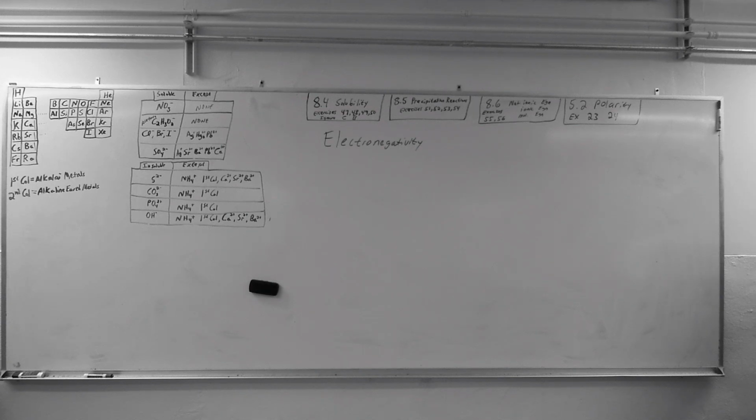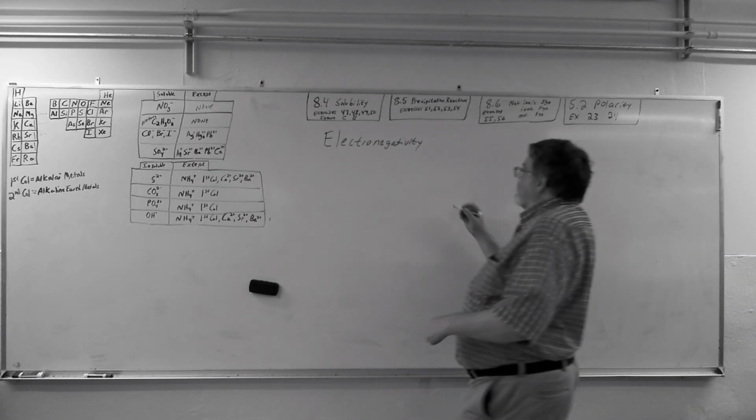Just look in the first sentence, where it says the ability of an atom to attract electrons to itself in a chemical bond. You should say a covalent bond. That's the definition of electronegativity. I always say that.